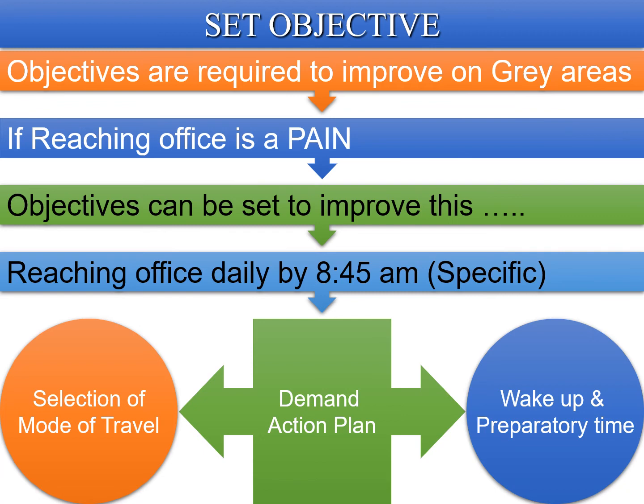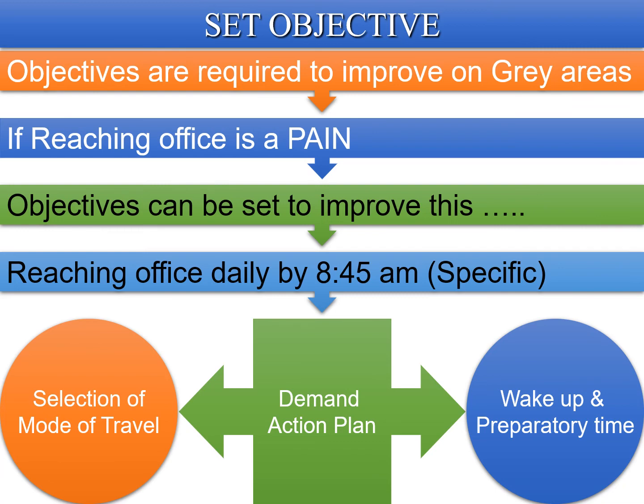So all those unpredictable surprises can be covered, and based on the risks involved in that particular activity, you can set or revise your objective, saying that I want to reduce my delays reaching office from 40% to 30% by the end of next say 3 months.